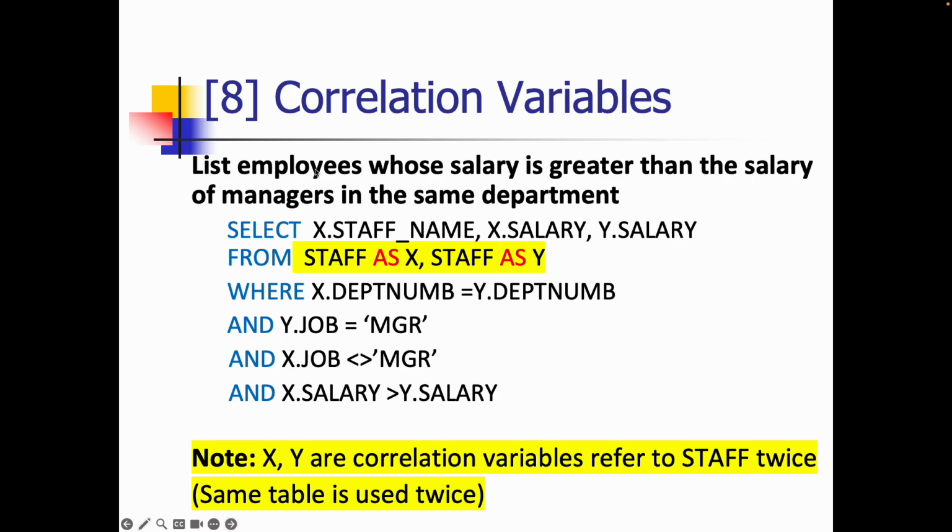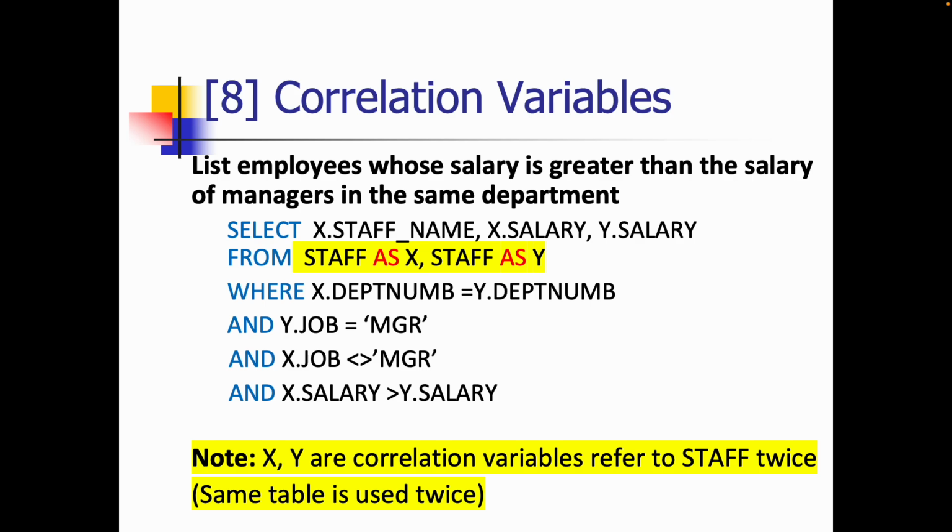For example, you want to find the employees whose salary is greater than the salary of managers in the same department. Now, when you want to write this query, like any other query, how do you start? Starting from the columns that you want to select, right? What are the columns? You want employees, which are staff name, right? You want the salary.